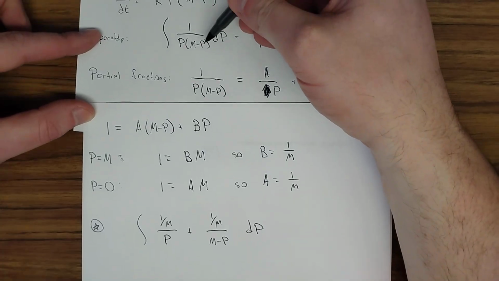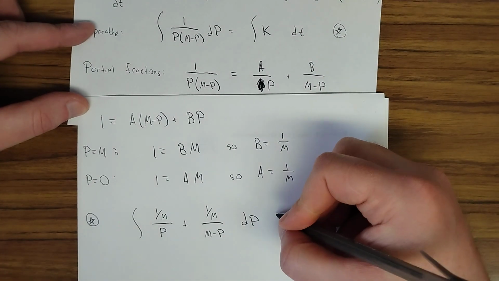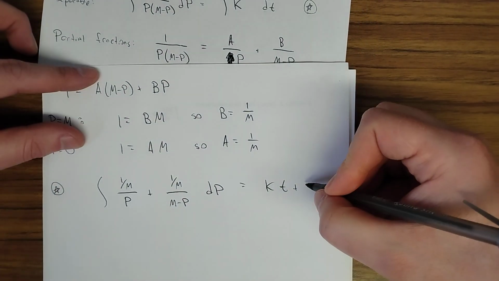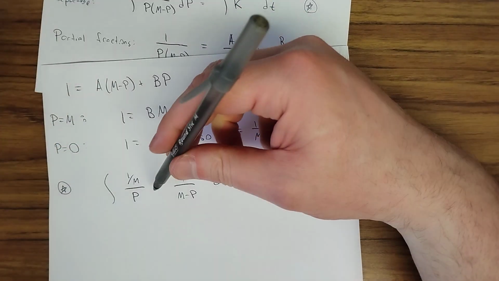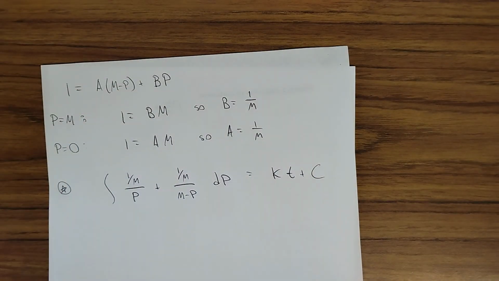So that's the left-hand side of star. And the right-hand side, well, this is so easy. This is just k times t plus a constant. And we're still working on the left-hand side, but we're making progress.